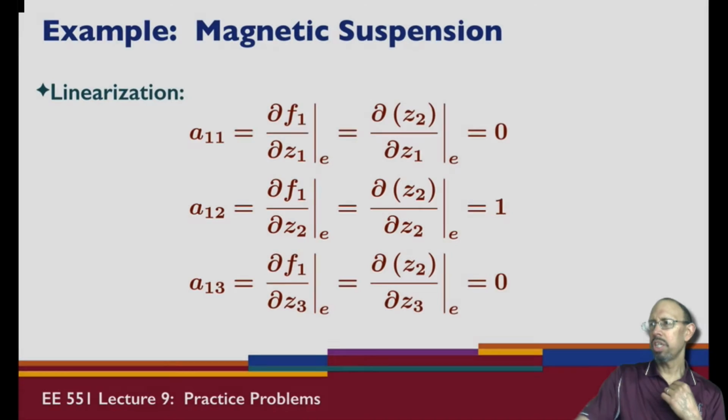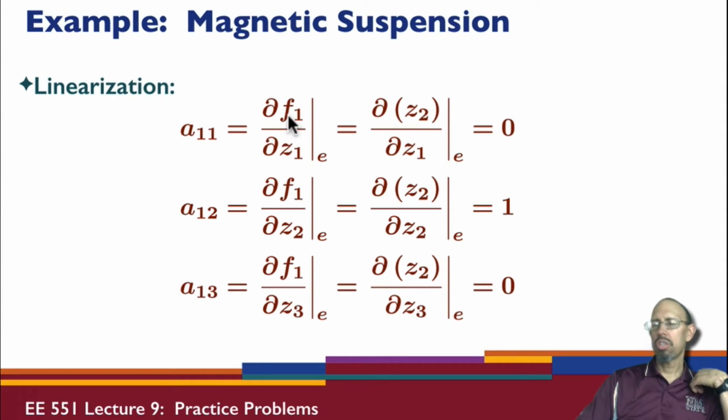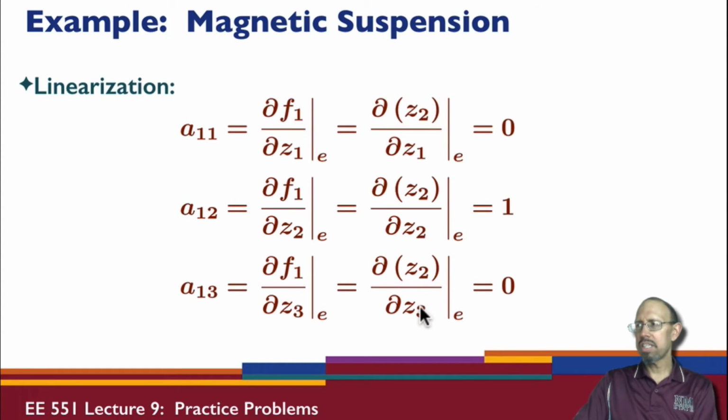So notice that f itself has f1, f2, and f3. So I take the partial of f1 with respect to z1, z2, and z3. In this case, f1 is just z2. Partial of z2 with respect to z1 is 0. Partial of z2 with respect to z2 is 1. Partial of z2 with respect to z3 is 0. In this case, it's simple because our function is simple.